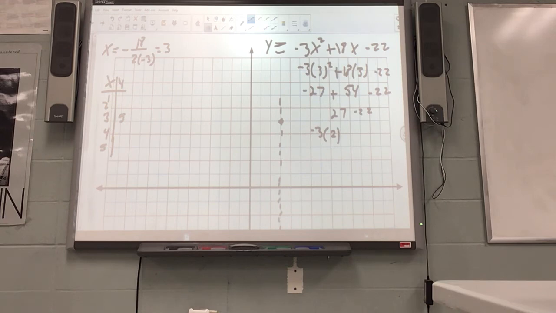Is it inside it or outside it? So you have to pick a test point and plug it in, to find whether it's shaded or not.